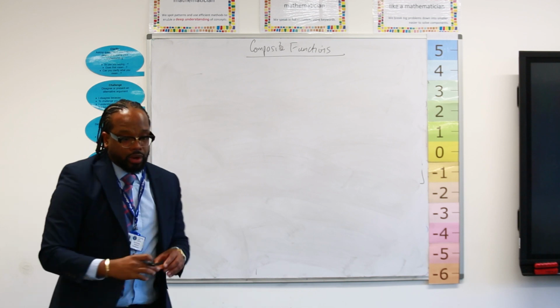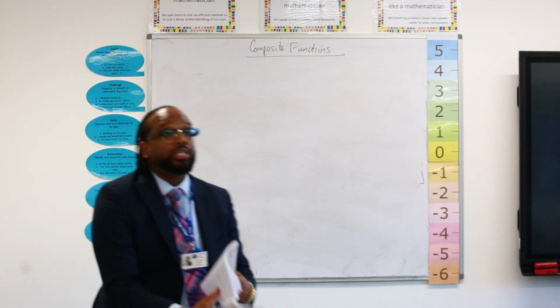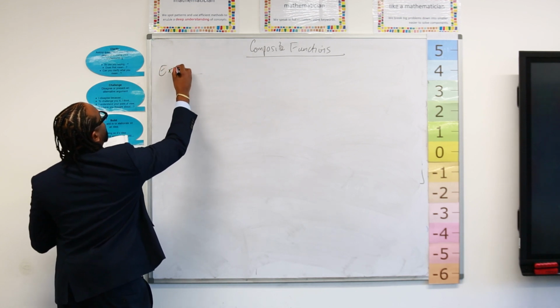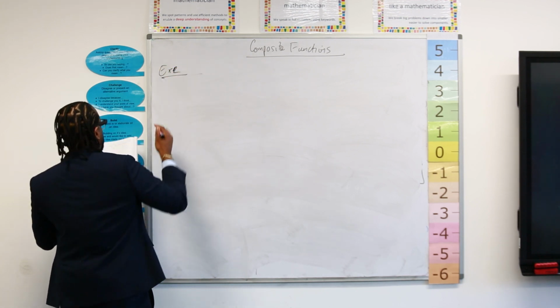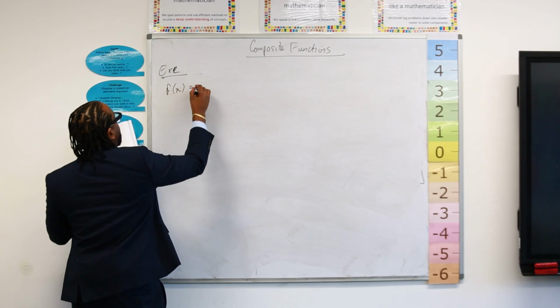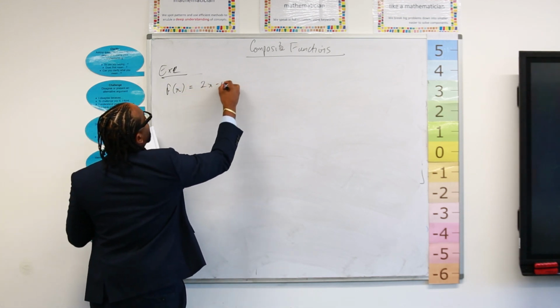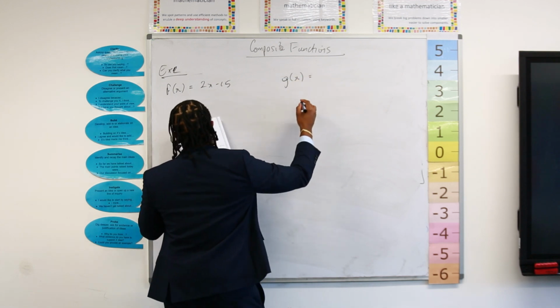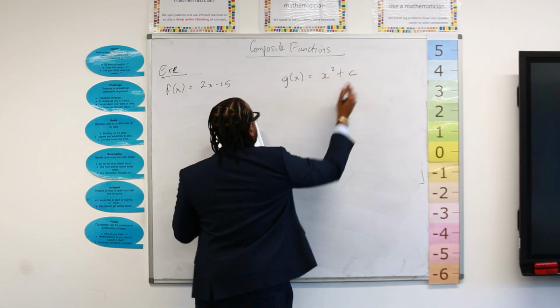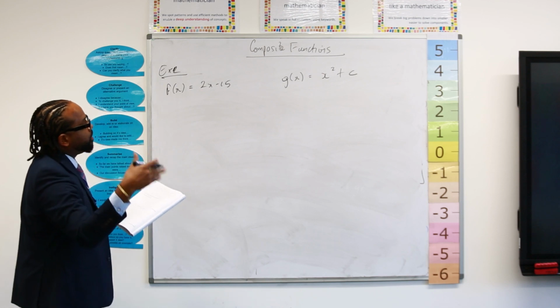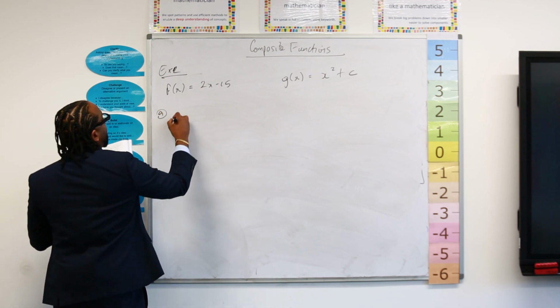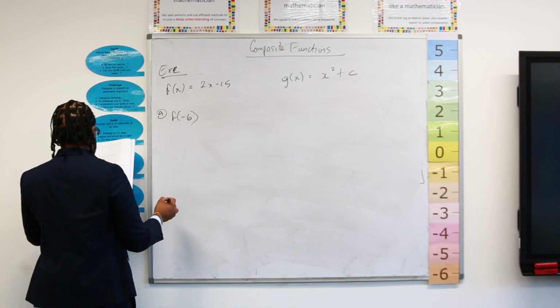And this is the one that requires a little bit of problem solving. So it will say, example 2, examination style question 2. It will say f of x is equivalent to 2x minus 15. It will say g of x is equivalent to x squared plus c, where c is a constant or a number by itself. Part A, it says, calculate f of minus 6.